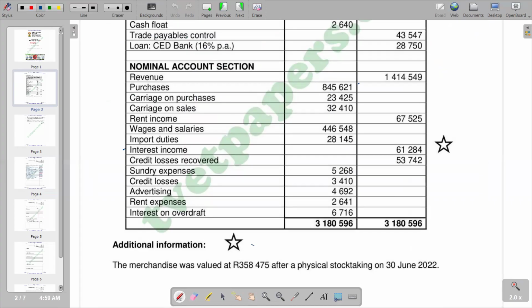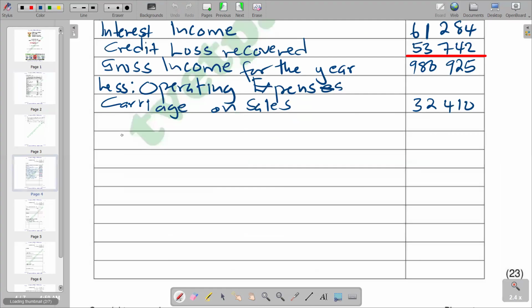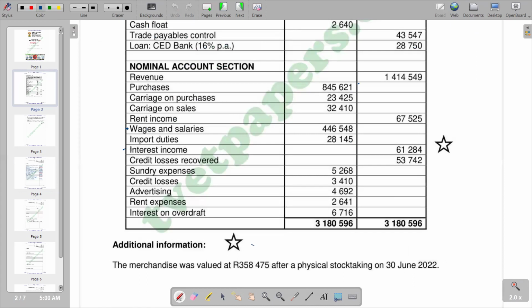And then from carriage on sales, we move down looking for other expenses. We've got wages and salaries, 446,548. And you check the next expense that we have, which is import duties.